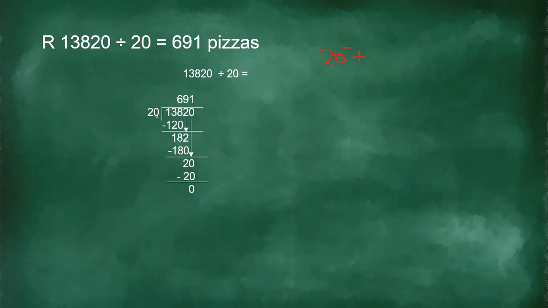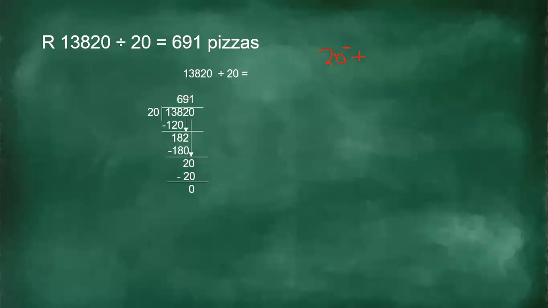And then we start. 20 into 13 doesn't work. 20 into 138 goes 6 times. Why? Because 6 times 20 is 120. 138 minus 120 is 18. Bring down the 2. 20 into 182 goes how many times? 9 times, because 182 is not a multiple of 20, but we know the one before that, which is 180.